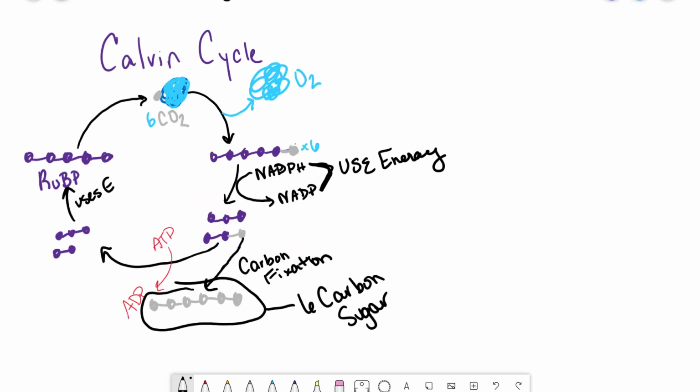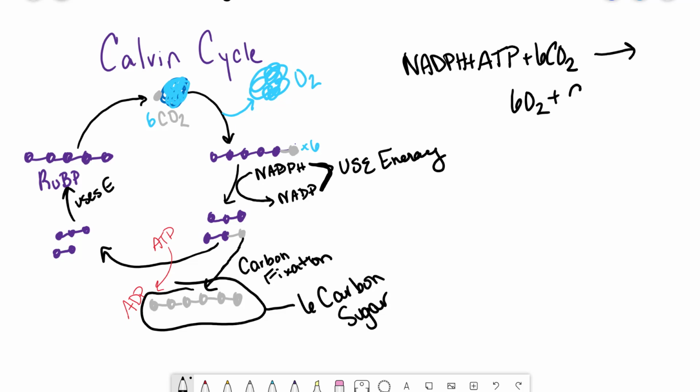So what is our chemical formula here? Well, we had our NADPH and the ATP from the light reactions, and we use 6 carbon dioxides. And in the end, we got some oxygen released and sugar made, C6H12O6. And we used up this NADPH and ATP, so that can actually be knocked off.